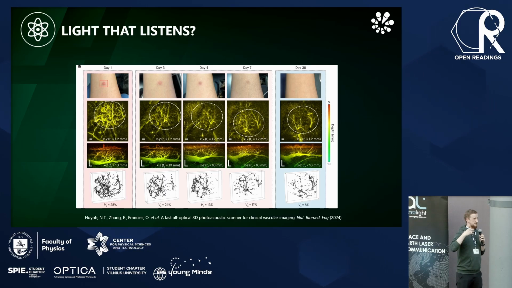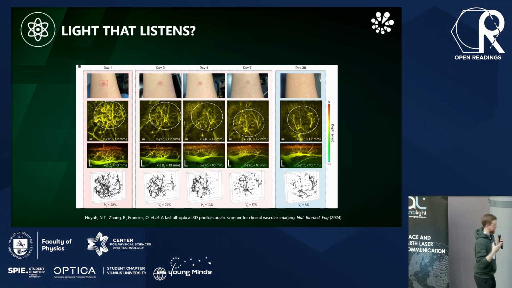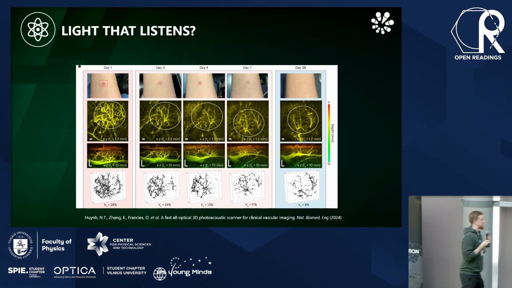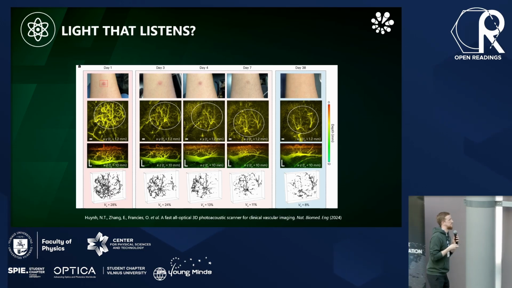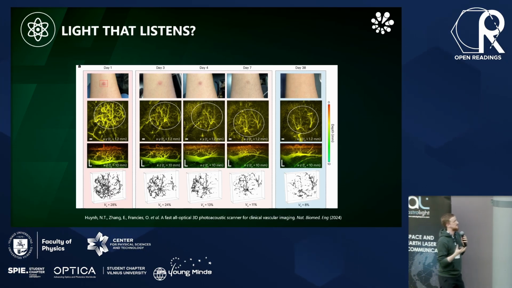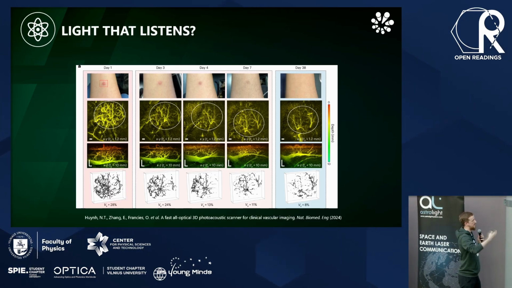We irradiate the body with the laser, and we get photoacoustic waves from the body, which we register with ultrasound detectors. In this case, you can see how we can analyze how the inflammation goes away throughout the days.